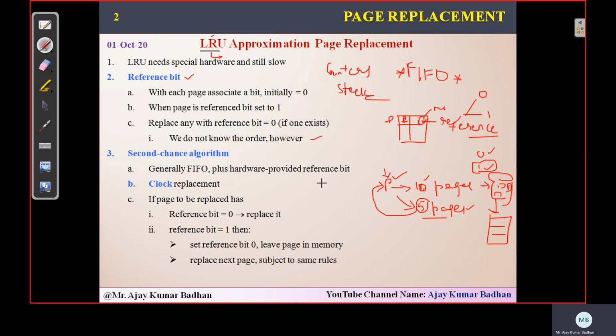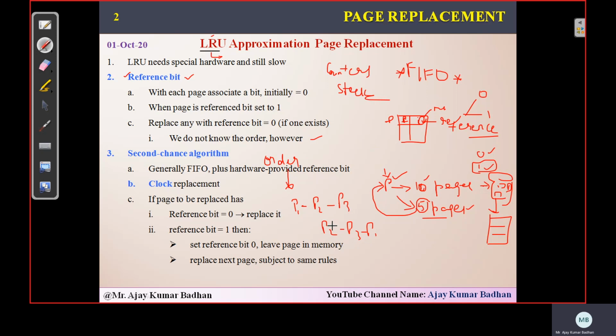But remember that with the use of the reference bit, we can determine which page we have referred and which page we did not refer, but we will not be able to get any order in which the pages are referred. You cannot say whether page 1 is referred, then page 2 next, and then page 3, or page 2 first, page 3 next and then page 1.